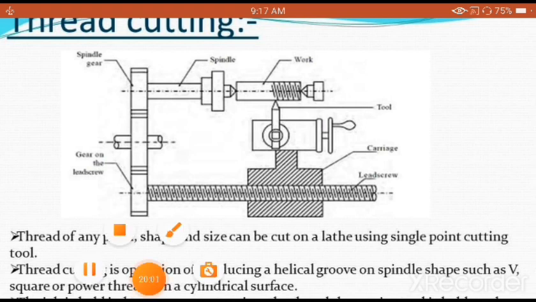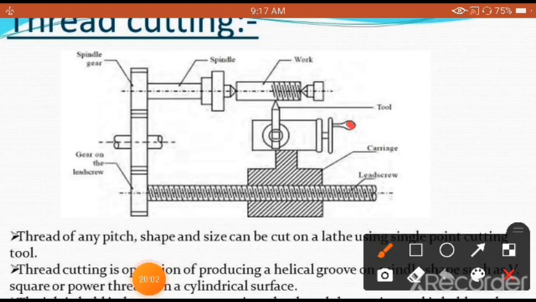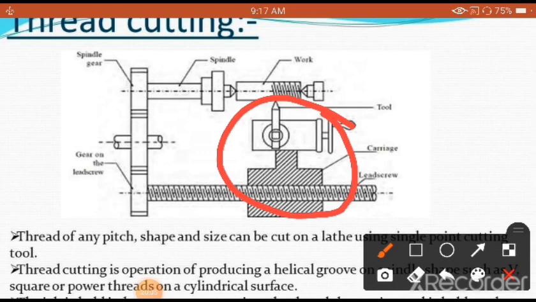The next one which you are going to see, this whole portion is called the carriage unit, which is made to move either towards the headstock center or towards the tailstock center depending upon its engagement to the lead screw. You are going to see on the screen clearly the carriage, which is engaged with the lead screw, means which is connected with the lead screw.